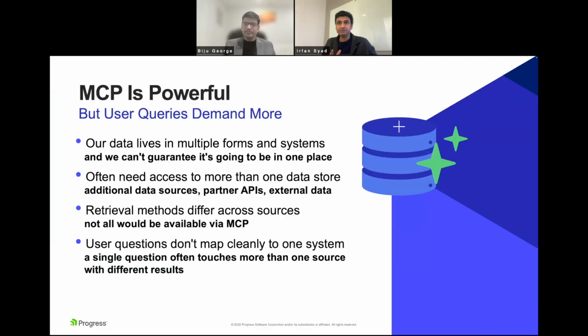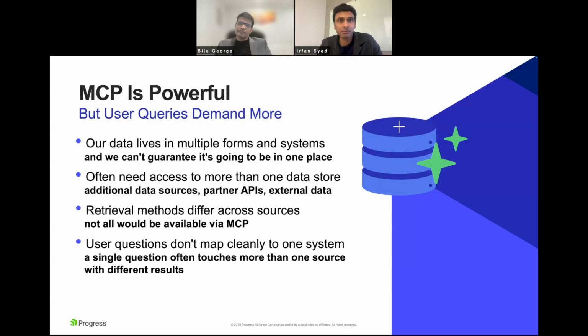If you think about it, MCP is very powerful, but user queries demand more. If you think about real-time solutions, our data lives in multiple formats. It doesn't just live in one kind of structure that could be accessible using just an MCP server if you have to expose it. You might get a question from a customer who wants data from multiple third-party sources like Salesforce, Zendesk, Workday, and also structured and unstructured data, where the unstructured data might be living some other place in some other form.